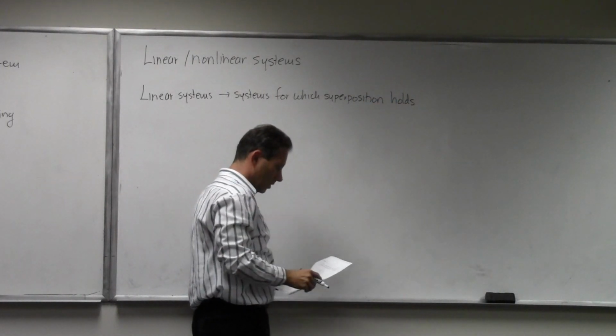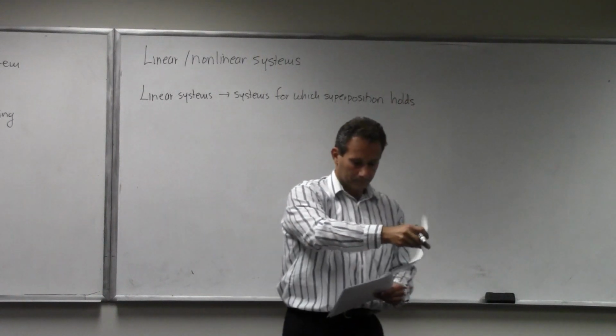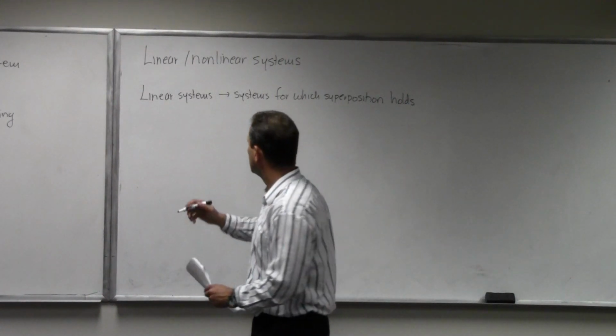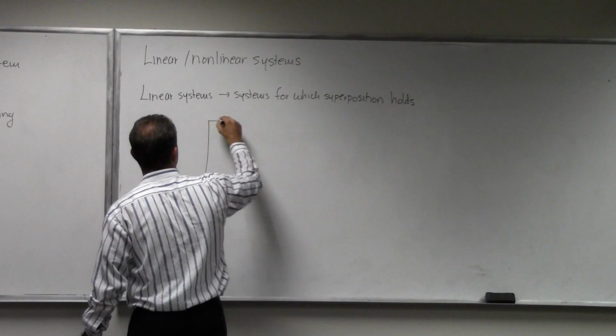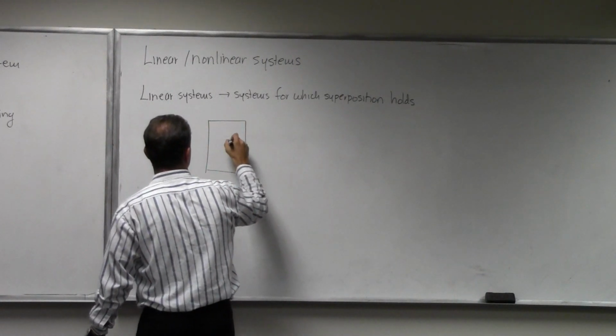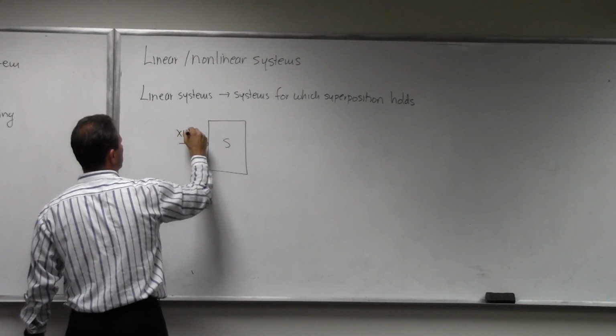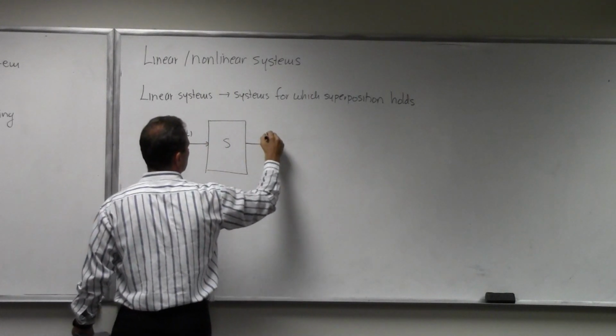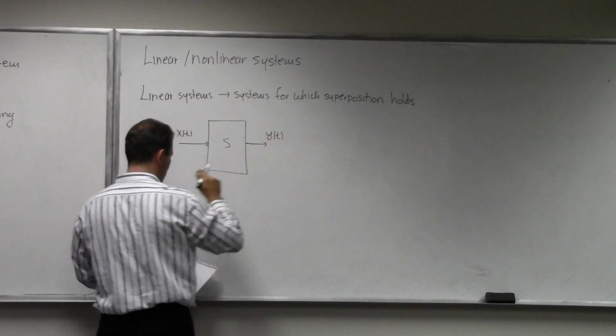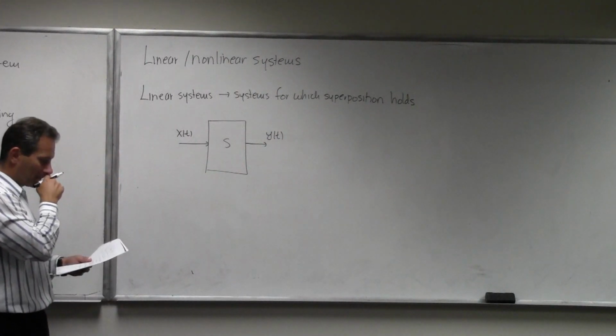Now, what is superposition? Let's take a look at the system here. Let's call it S. And this is the system behavior. If I present an input x(t), I get output y(t).